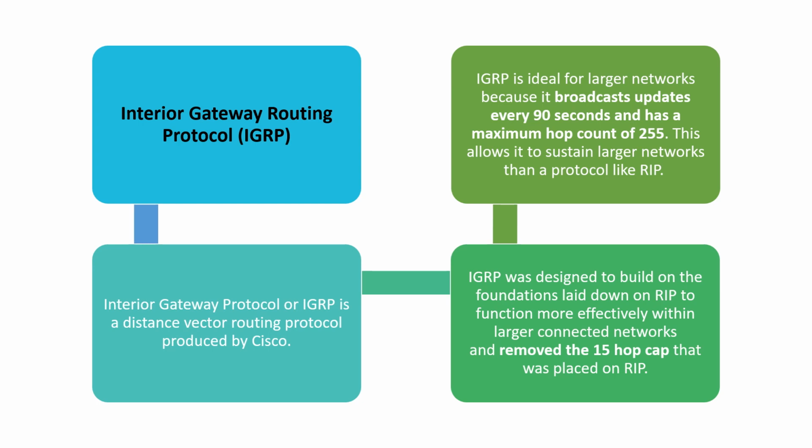And IGRP is ideal for larger networks because it broadcasts updates every 90 seconds and has a maximum hop count of 255. So this allows it to sustain larger networks than a protocol like routing information protocol.